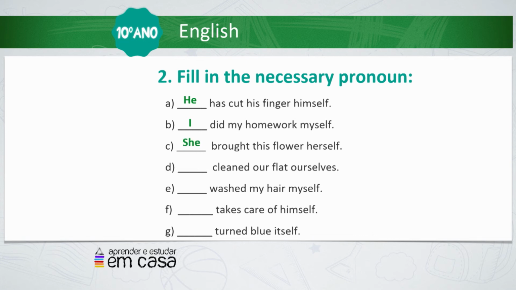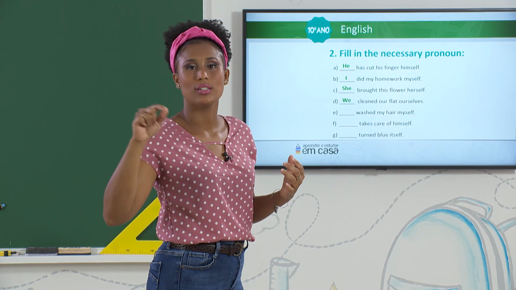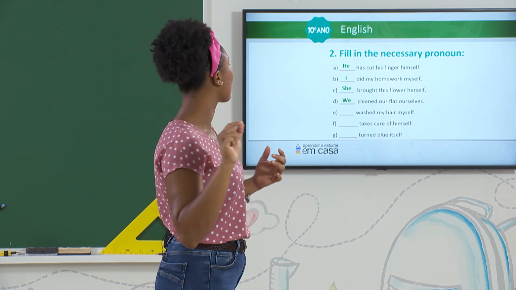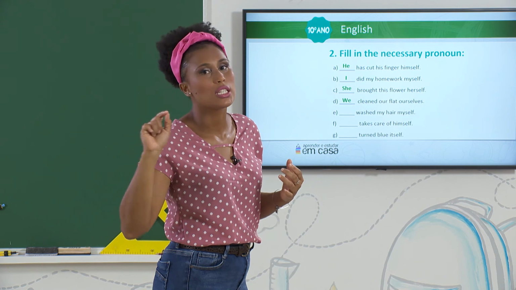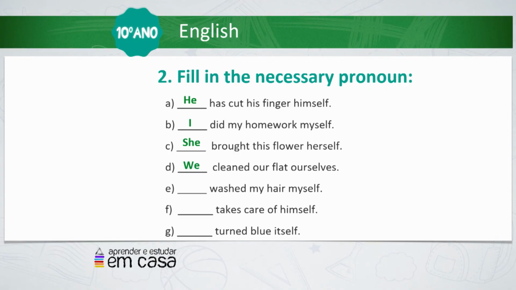C, she brought this flower herself. Good. D, we cleaned our flat ourselves. Remember how we end the first person plural? Selves. E, I washed my hair myself.